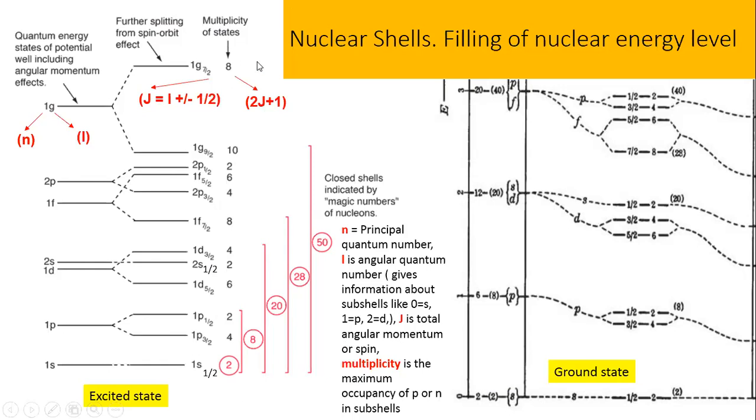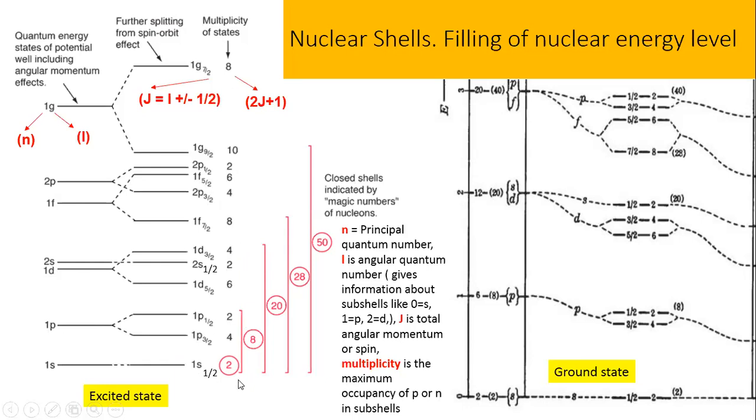Actually, this describes the maximum occupancy of these orbitals. Maximum occupancy means maximum capacity of holding neutrons or protons separately in these orbitals.